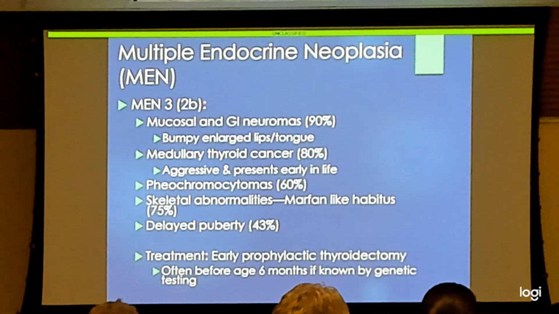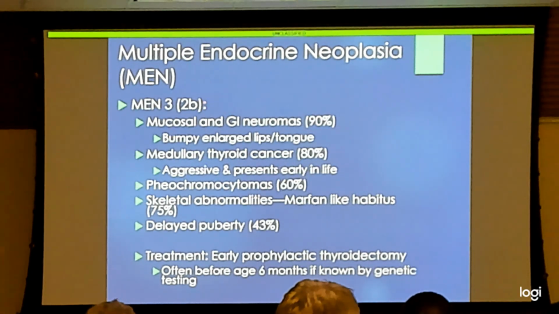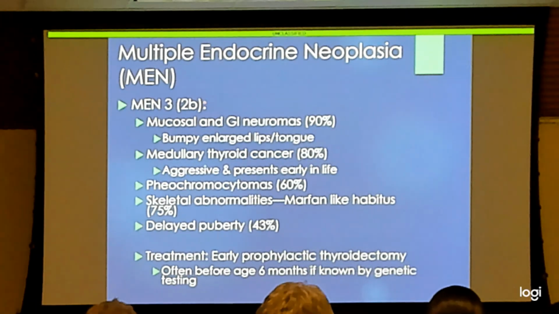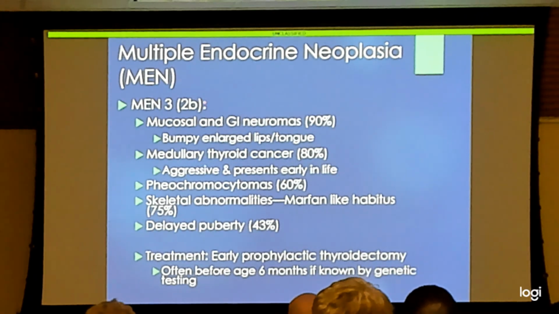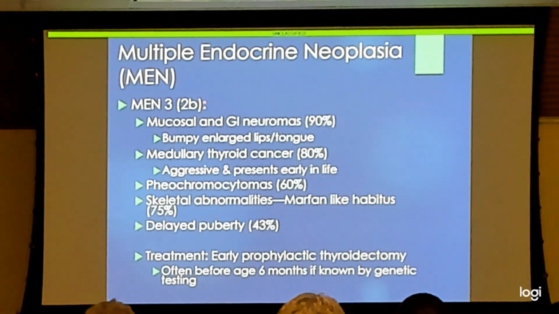They present with delayed puberty, and the reason why this is often caught very early is often because of the mucosal lumps and bumps. You're like, this doesn't look normal. So early prophylactic thyroidectomy, often at 6 to 8 months. So again, it's very aggressive. This particular medullary thyroid cancer is very aggressive.